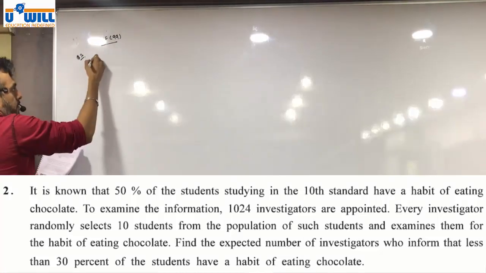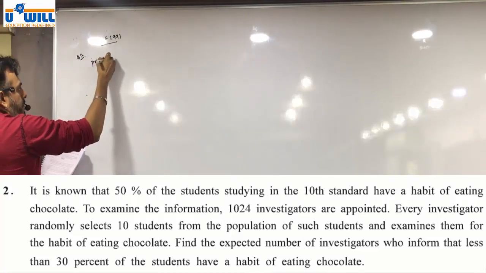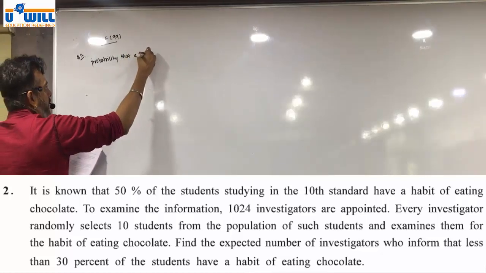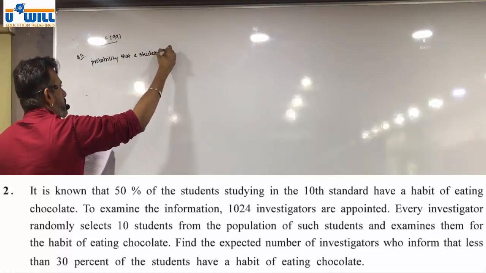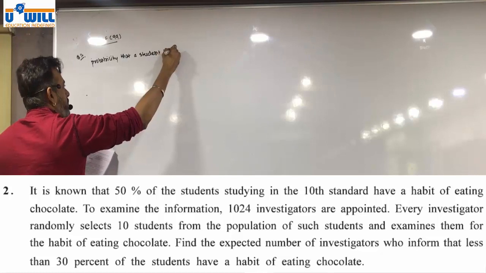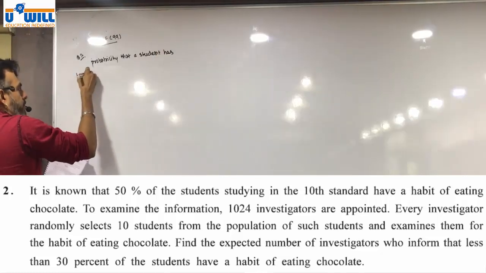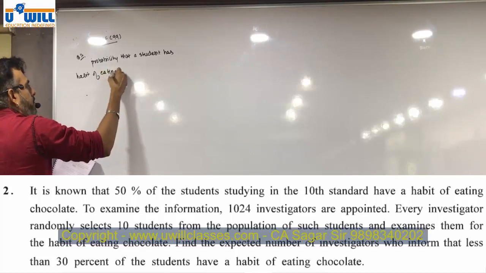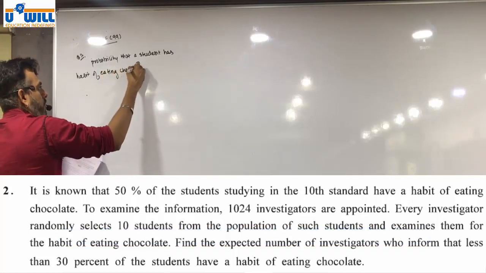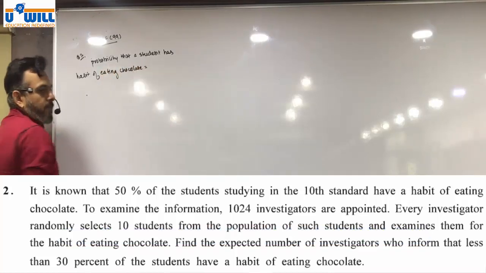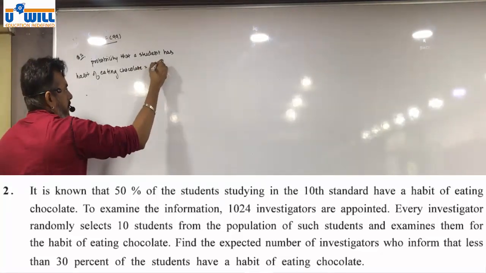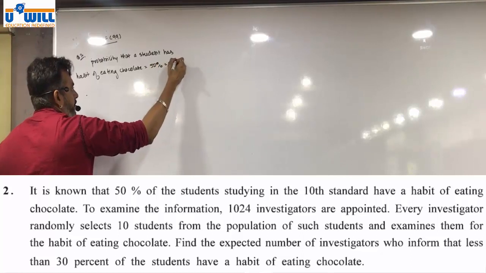First, the probability that a student has the habit of eating chocolate, which is equal to how much? 50%. This is equal to 0.5.